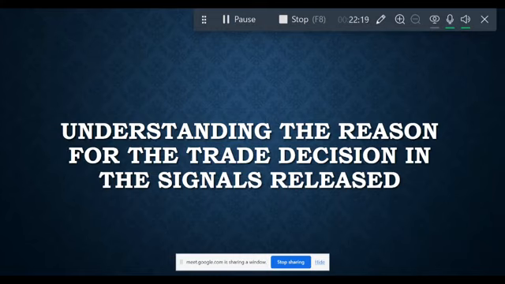So I could go to GBP JPY and do my own analysis instead of having to go through all the pairs one by one, looking for which one is ripe enough to trade. So those help me to know which pairs are having a good setup for now. So when I see those signals, I just go straight to the pair and I look at it and I decide for myself whether to trade it or not to trade it.